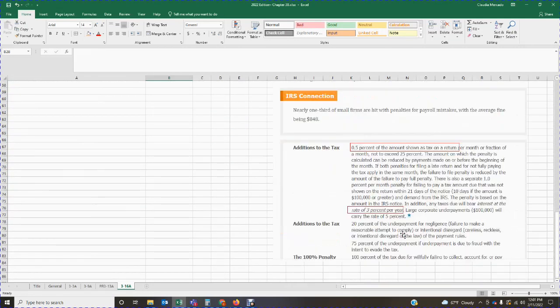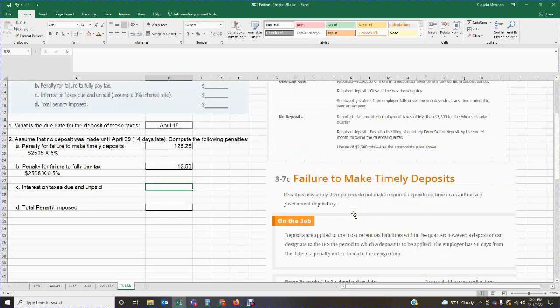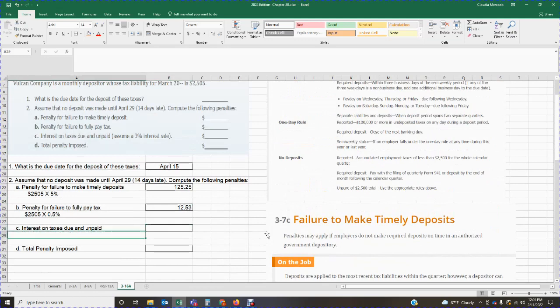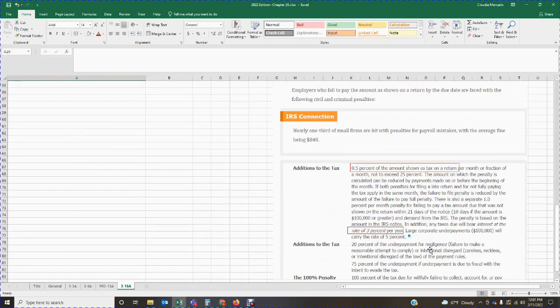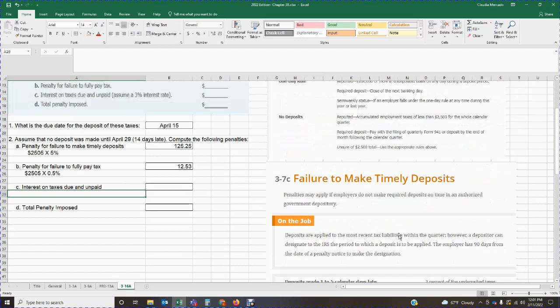If we look on that particular table provided, towards the bottom it says, in addition, any taxes due will bear interest at the rate of 3%, okay? So we're going to pay interest of 3% per year, okay? So we have to calculate the interest.